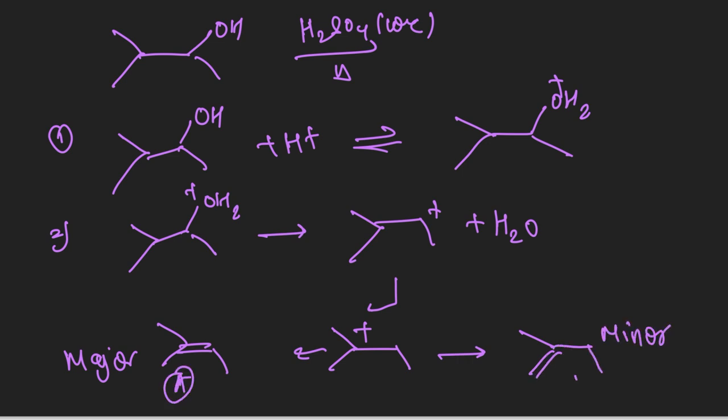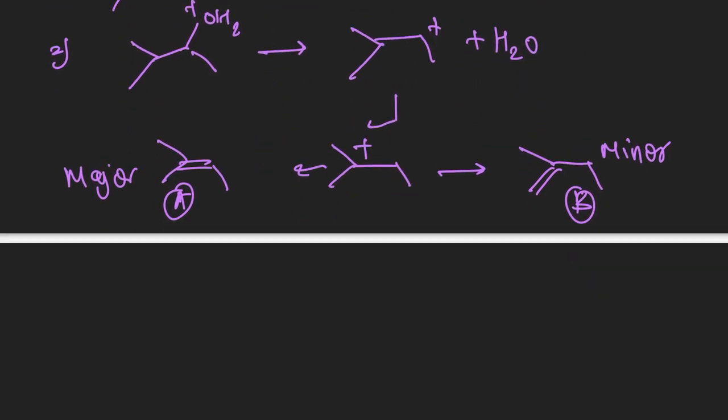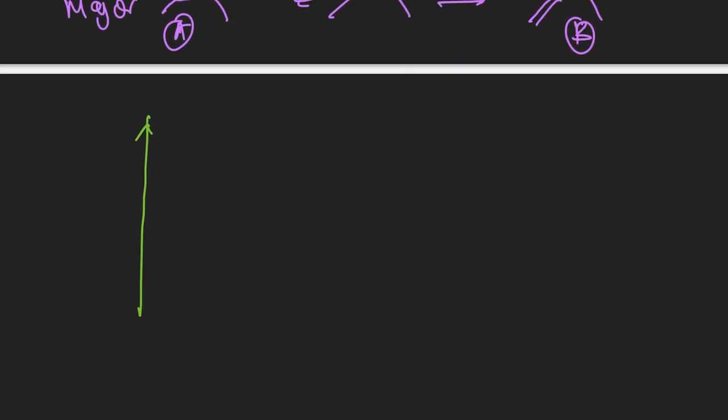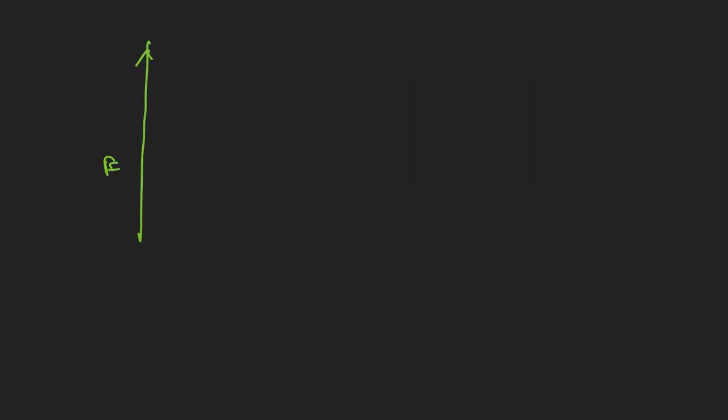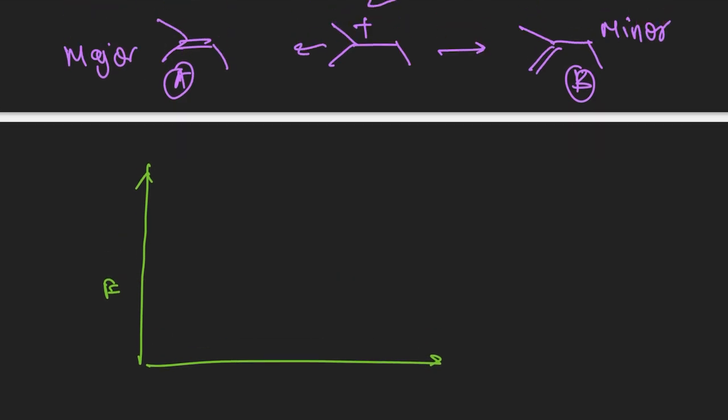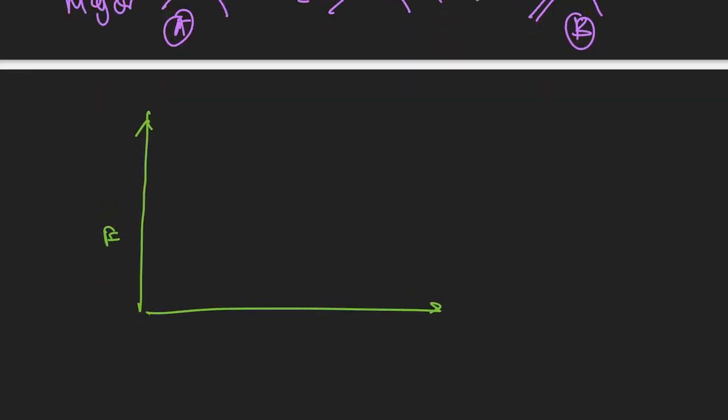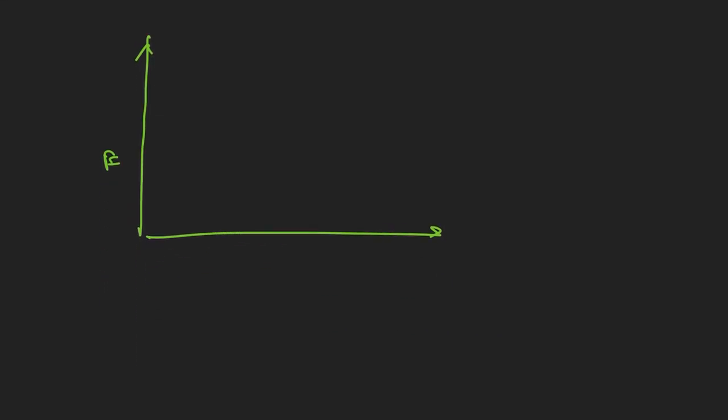Now let's draw the energy profile diagram. We have energy E. First of all, what happens? H plus attacks, so it forms the oxonium ion.